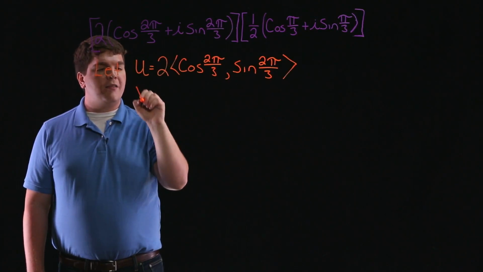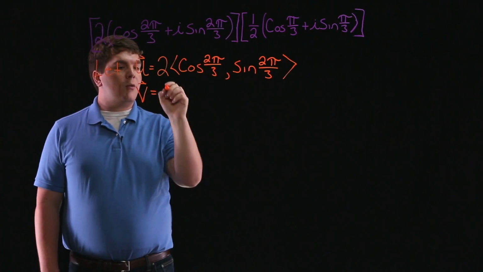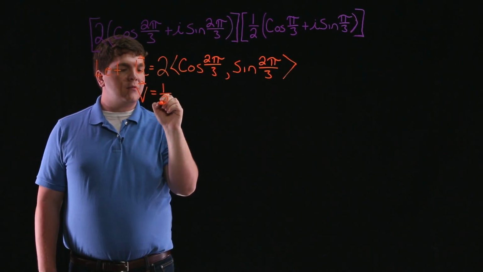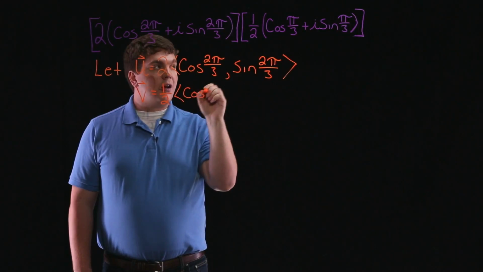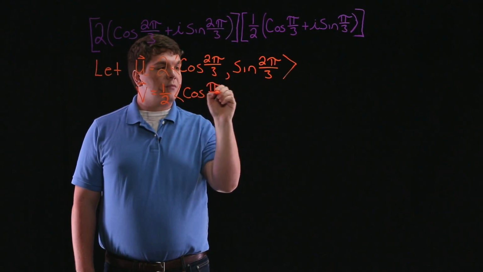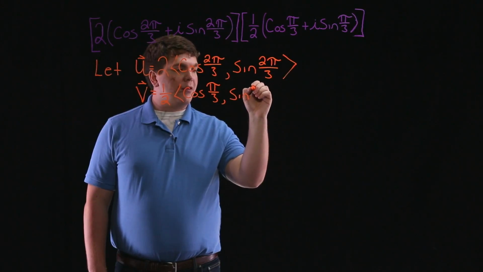And we'll let v be the vector 1/2 times cosine of pi over 3, sine of pi over 3.